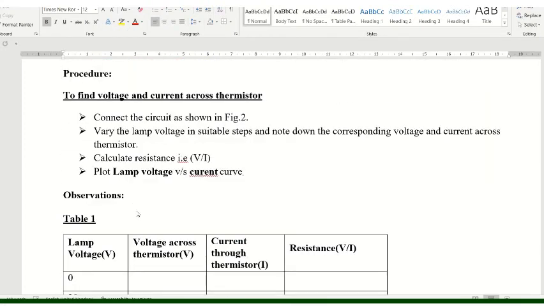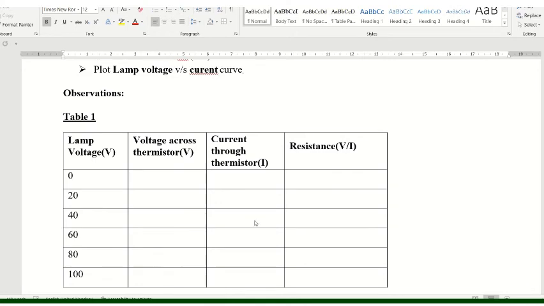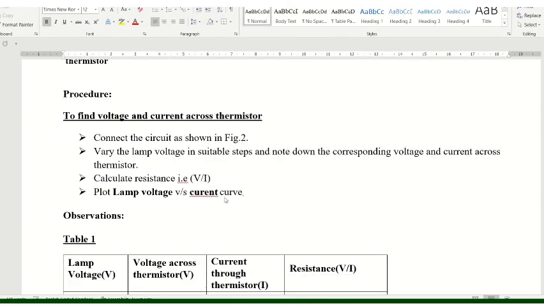All right. So once you note down all those readings, you have to calculate the resistance. According to Ohm's law, resistance is given by V by I, where V is the voltage across the thermistor and I is the current flowing through the thermistor. So that will give the resistance. Observe the resistance.